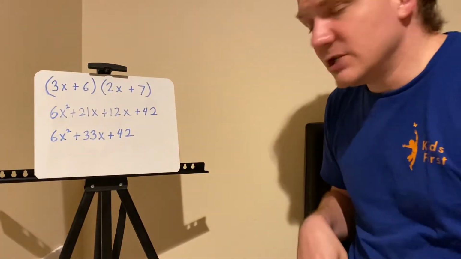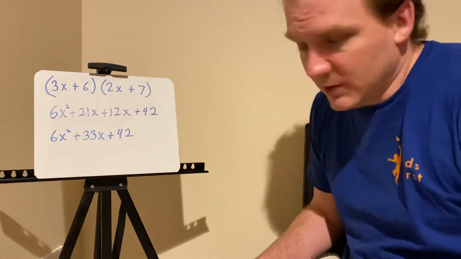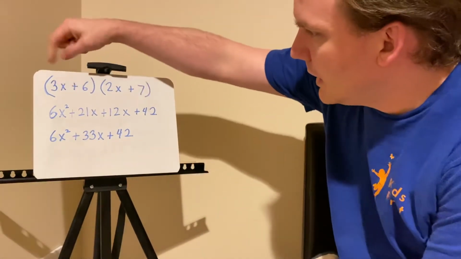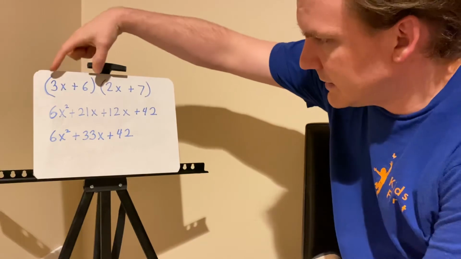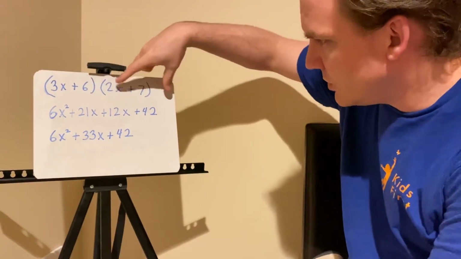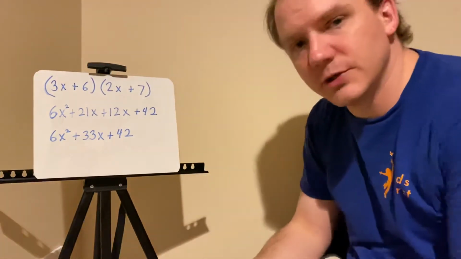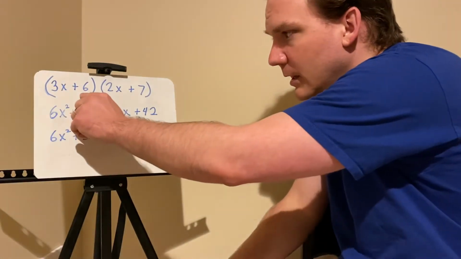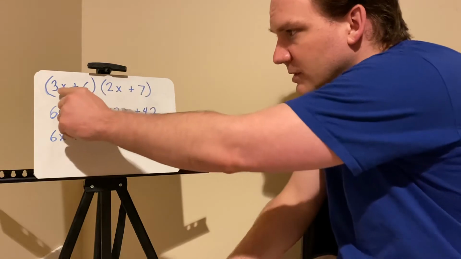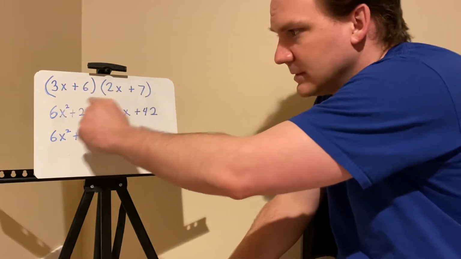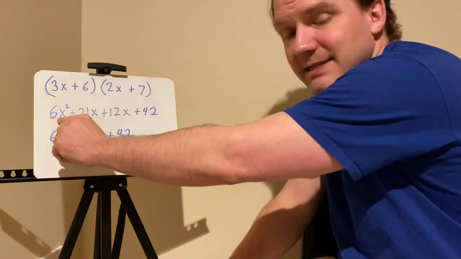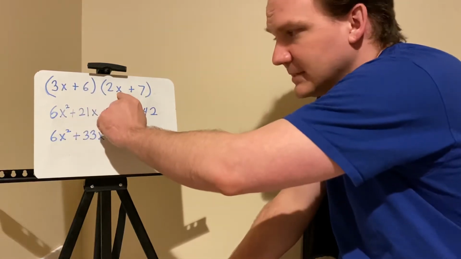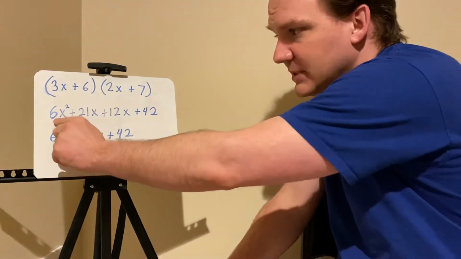Now in this situation, I'm multiplying two polynomials. So we have 3x plus 6, this quantity, times 2x plus 7. This is similar to the distributive property, but we want to make sure we multiply both terms here by both terms here. So we do 3x times 2x, and that gives us 6x squared, because x times x is x squared, and 3 times 2 is 6.